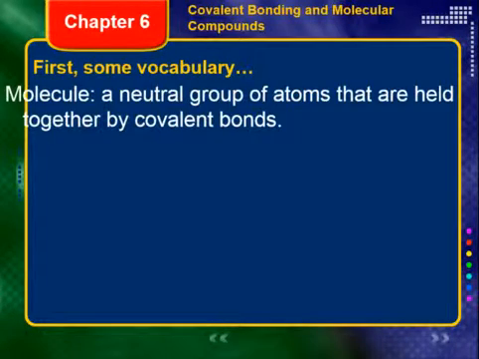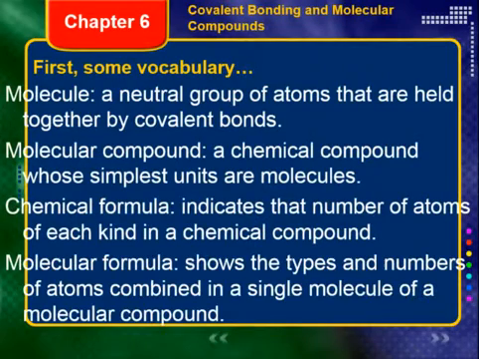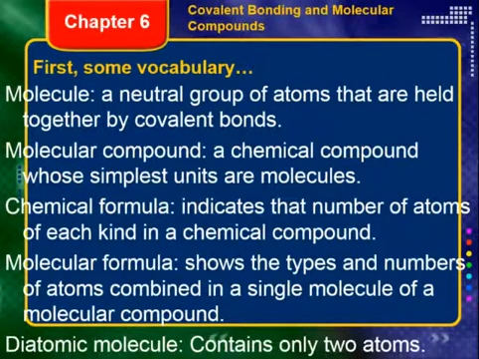But first, let's start with some vocabulary. Molecule. A molecule is a neutral group of atoms that are held together by covalent bonds. So when you say molecule, you need to be referring to something covalently bonded, meaning non-metals. Molecular compound. It is a chemical compound whose simplest units are molecules.